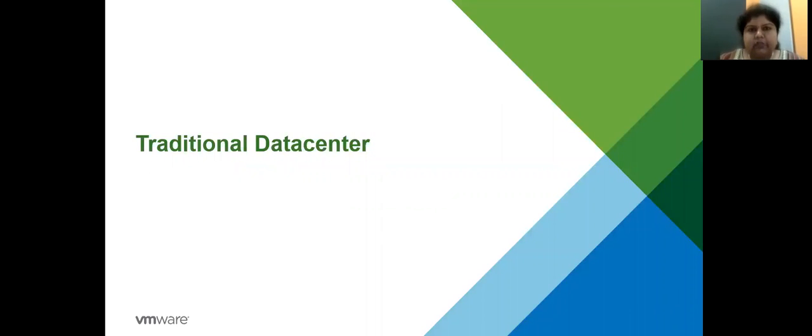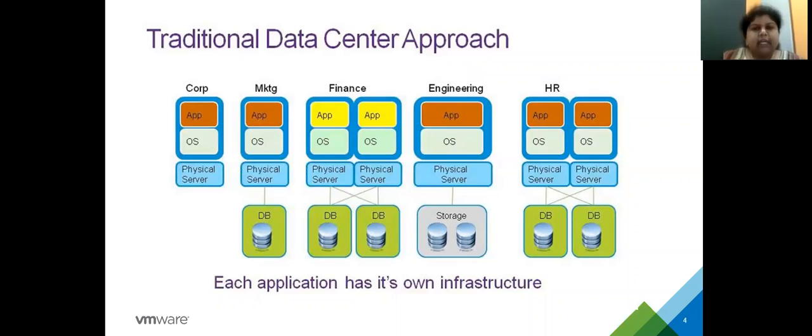So, getting into the traditional data center, this is how the traditional data center was looking, because very few people are still following this approach. But to understand the components of a data center, you can make use of this.